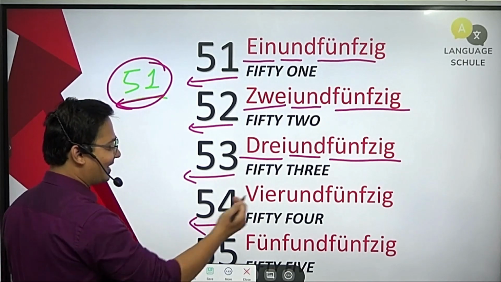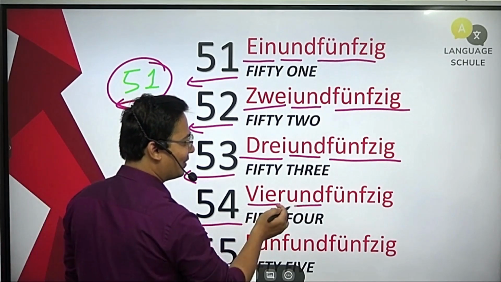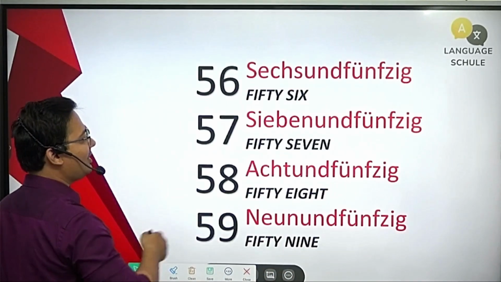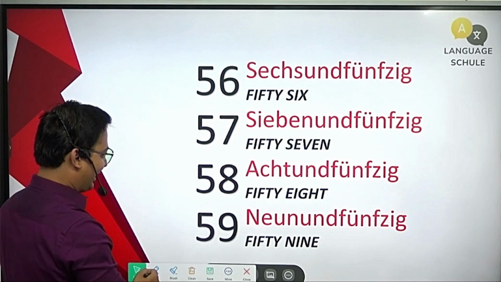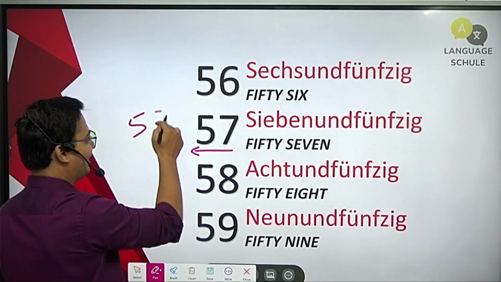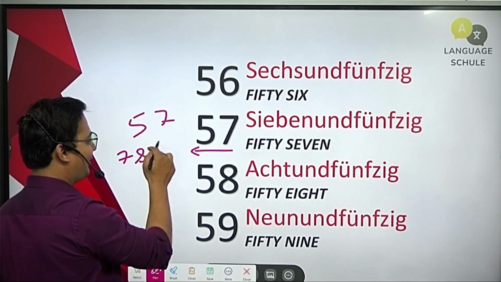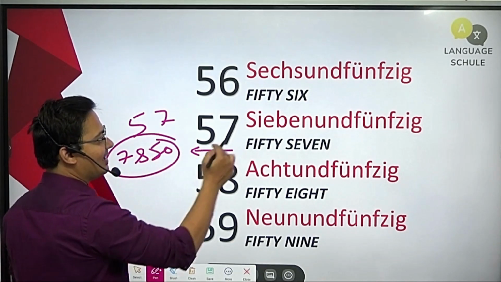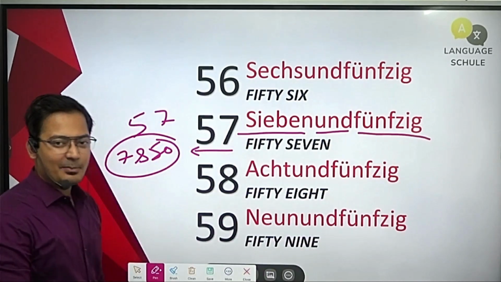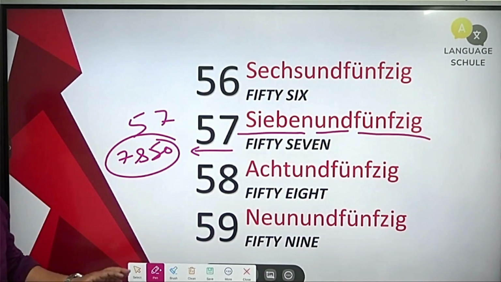Again from right to left. 4 und 50. Now move to the next one. You can take any, let's suppose 57. So what is 7 and 50? 7 und 50.